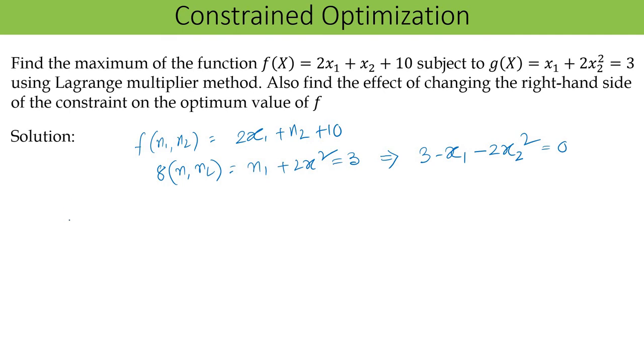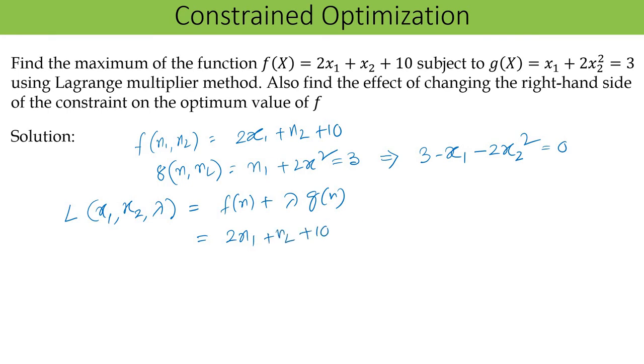If I write the Lagrange function, it will be L of x1, x2 and lambda, which is equal to f of x plus lambda g of x. So f of x is 2 x1 plus x2 plus 10, and then I'm writing plus lambda times (3 minus x1 minus 2 x2 squared).